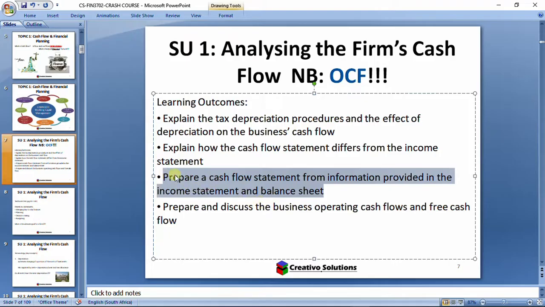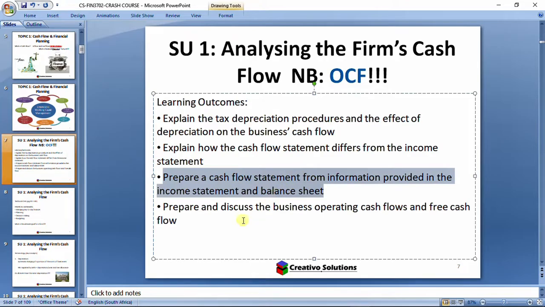So we need to have a working knowledge of the financial statements, but we don't need to know IFRS in detail in terms of disclosure and how to create a set of financial statements. As long as you know what each statement provides you with in terms of information, and you know how to read and interpret that information and use it in the context of financial management, then you should be okay.